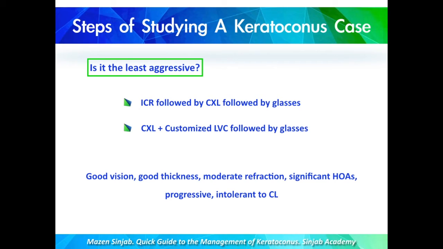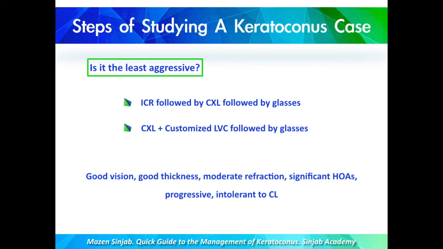Why? Apparently, you may think that the intracorneal ring implantation is more aggressive because it is an intracorneal surgery, while corneal cross-linking with customized laser vision correction is a superficial surgery on the cornea. And the side effects of intracorneal ring implantation or the complications with this option probably are more than the other option.